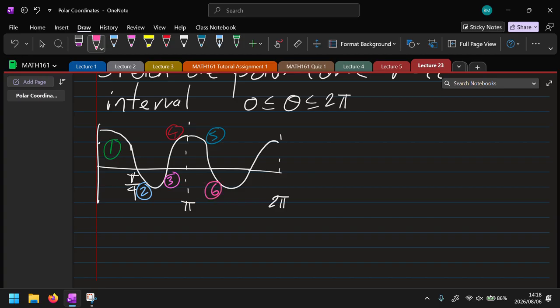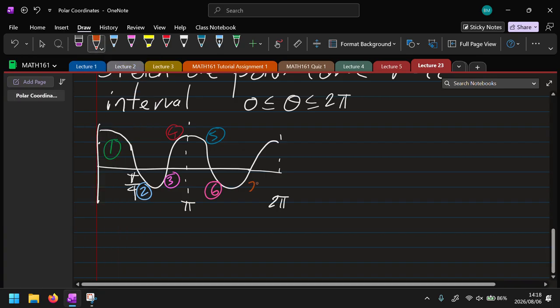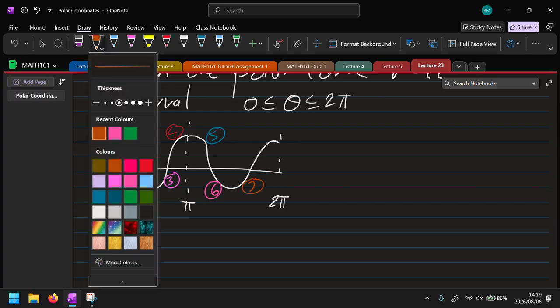Now we're at the bottom there. Then we're going back up to 0. So that will be 7. Let's pick another color for that. And finally, we're back at 0. We're going up to 1. That will be number 8. Let's do gray.